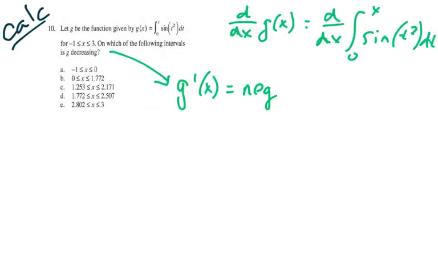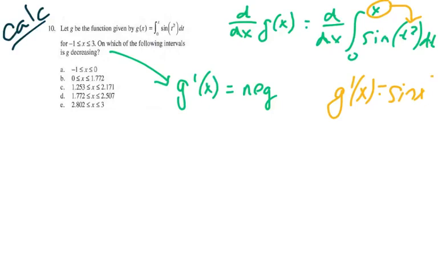This is one of those fundamental theorem of calculus part 2 tricks that we did. If you take the derivative of the integral, you end up back at the same function, and we just plug the x value in for t. So my g prime function is sine of x squared.